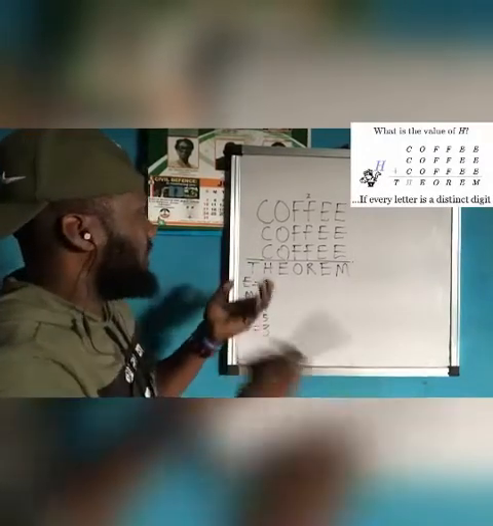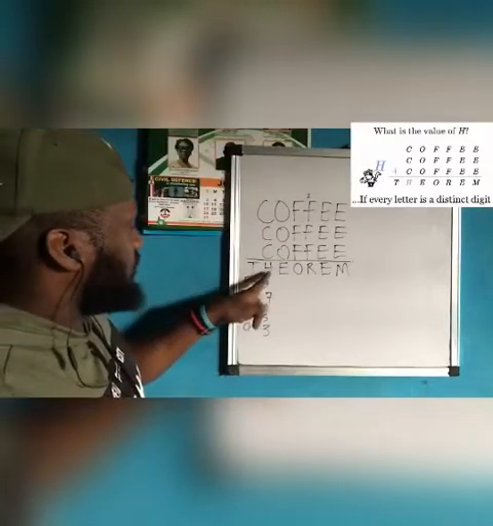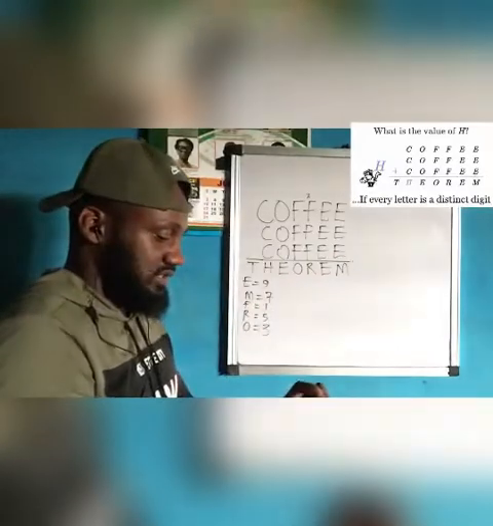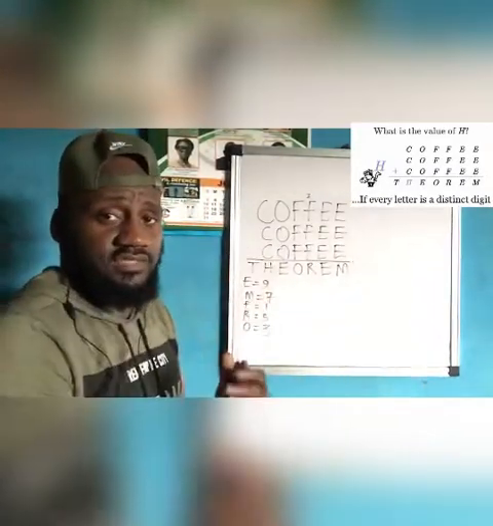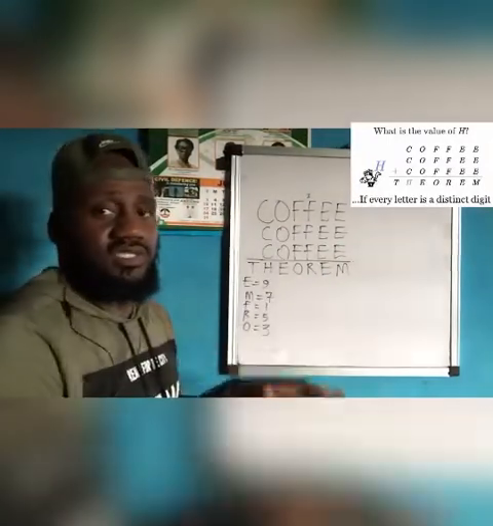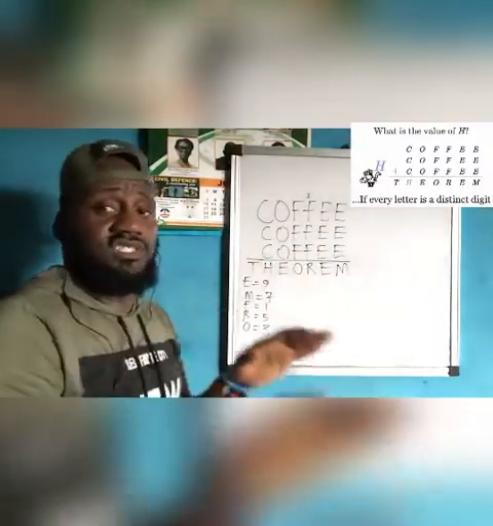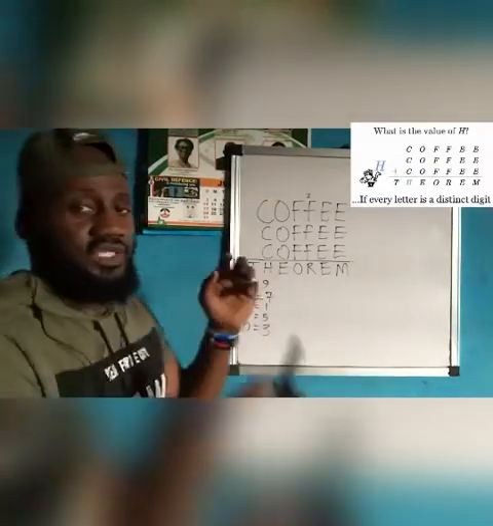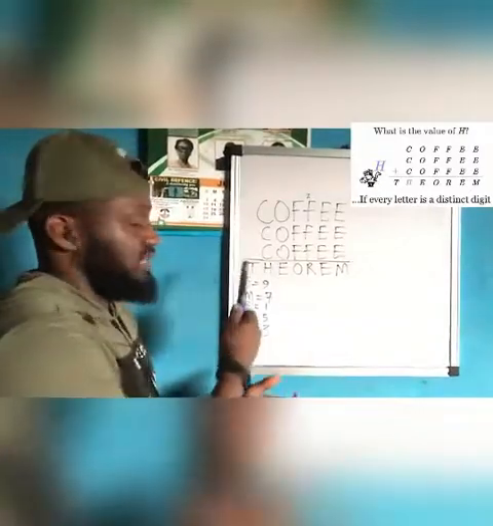But let's think of what C can possibly be to give us some H that is within the even number series. Because all these odd ones are taken and every single letter should be a distinct digit, C has to be even, H has to be even, and T has to be even.